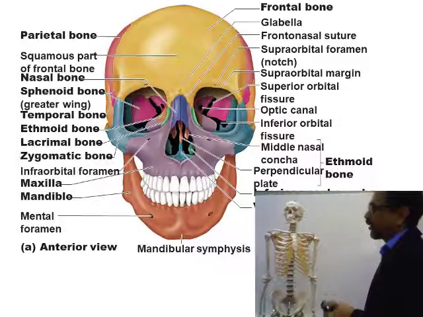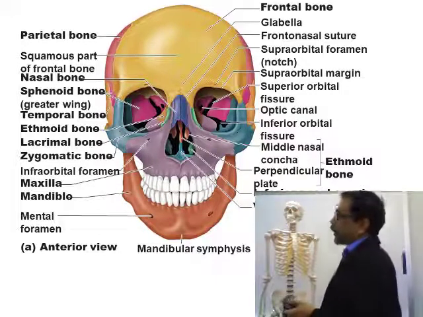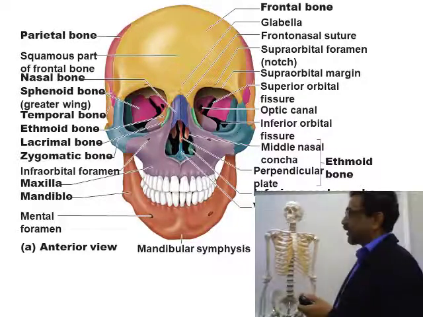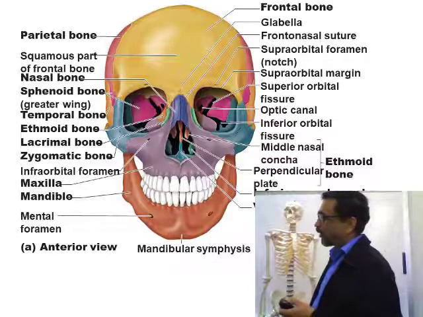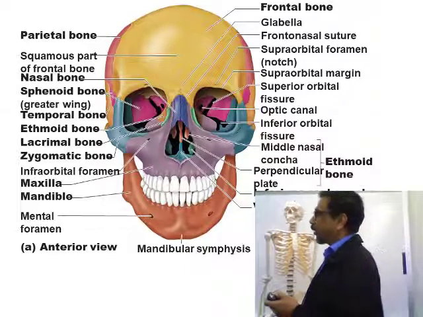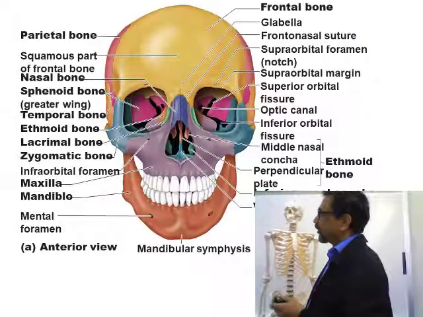Those are called nasal concha. Then you have the vomer inside the nose. There is another bone in the lower part of the nose. That is the vomer. So those are some facial bones you can see in this picture.